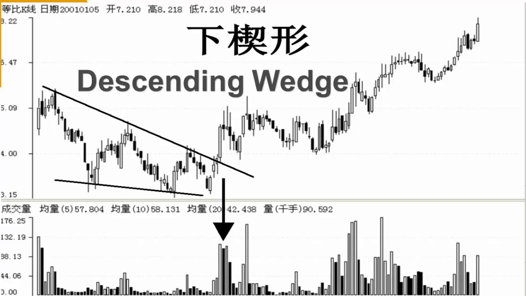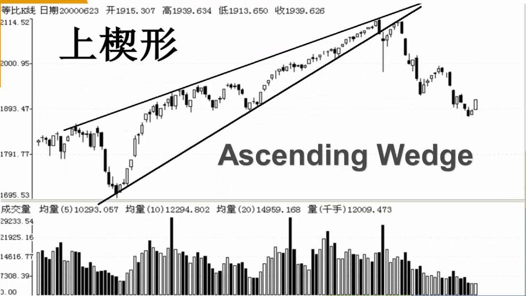If you see the descending wedge appears, is this a bottom reversal pattern or top reversal pattern? The bottom reversal pattern. If you see the price break upward through the descending wedge with high volume, this is a buy point, which means the price may go up. So you should remember what the ascending wedge and the descending wedge are.